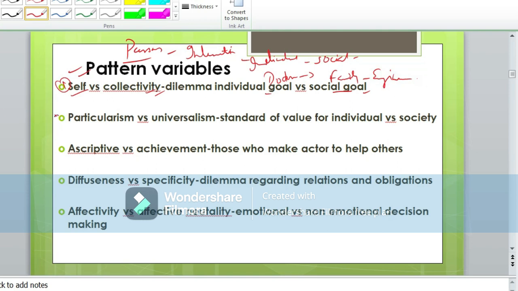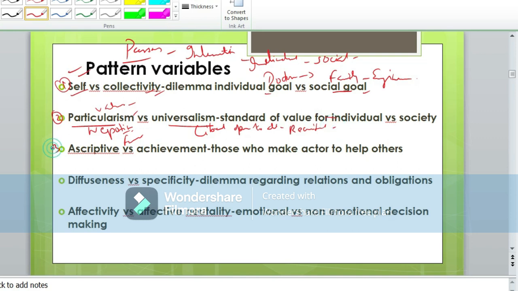Now second, particularism versus universalism, a dilemma of individual values versus social values, where he takes the biases of nepotism and favoritism due to individual particular values and universalizes them, so he becomes liberal to all or open to all, which happens in the recruitment of a factory.